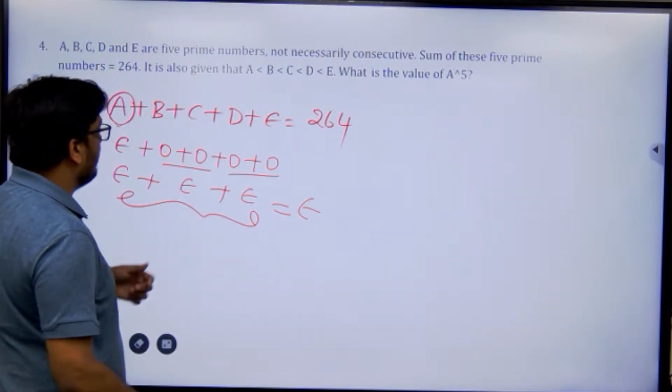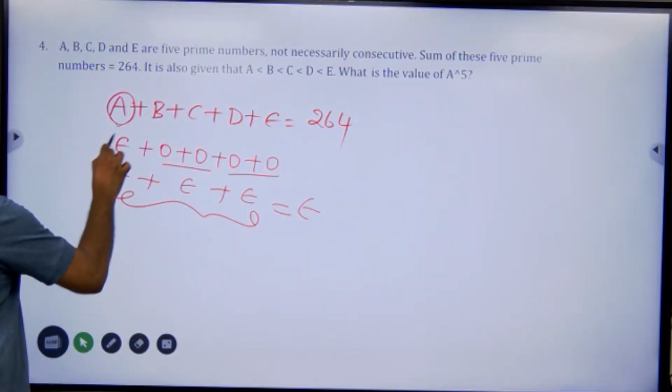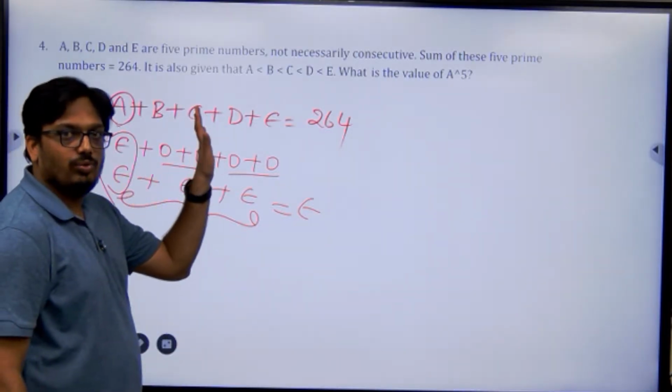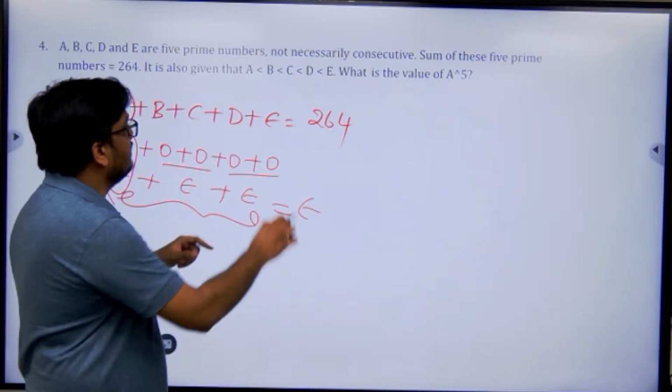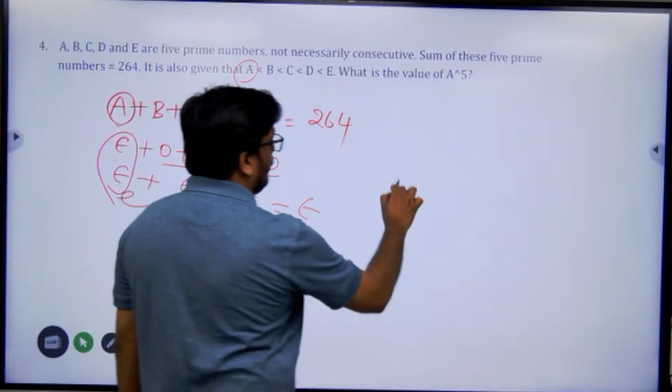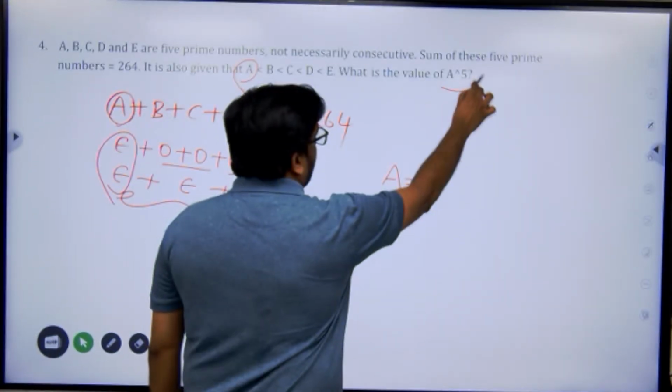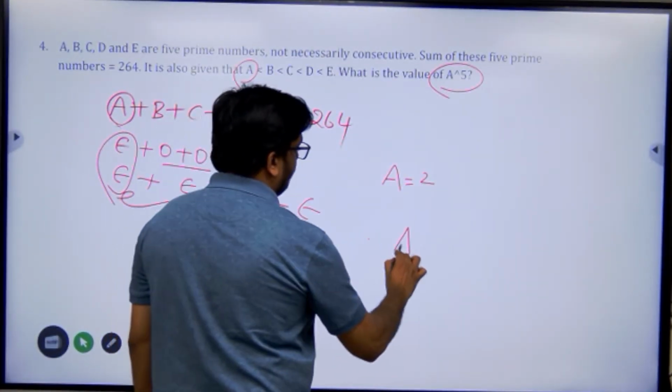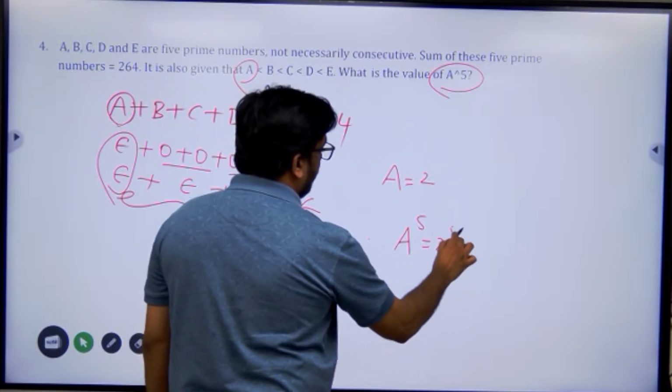This means out of 5 prime numbers, any one should be even. You know 2 is the only even prime number. Since the value of A should be the least, A is equal to 2. But they are asking A power 5, that is 2 power 5.